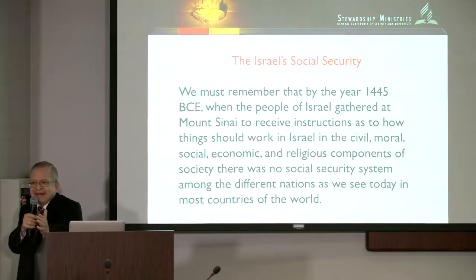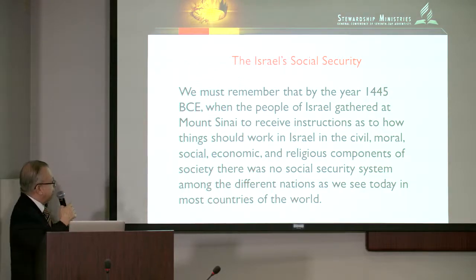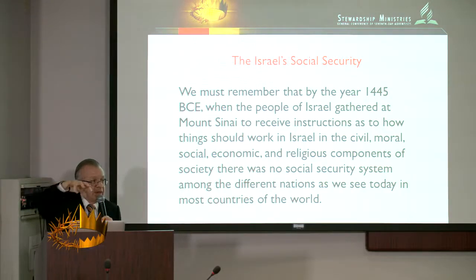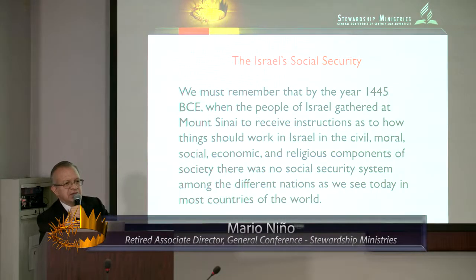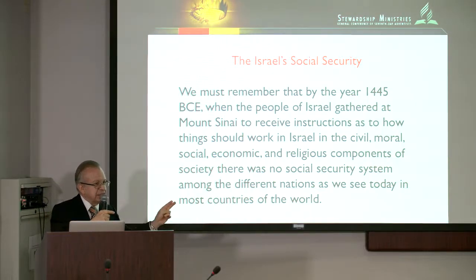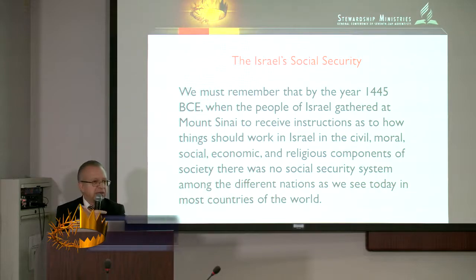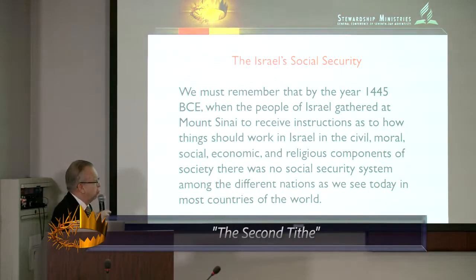We cannot apply those laws today because we are not a state. Those issues need to be regulated by every country. And this is one of the mistakes of the Catholic Church, because the Catholic Church is a combination of religion and state. That was okay in the Old Testament, but for the New Testament, God doesn't agree to do that.